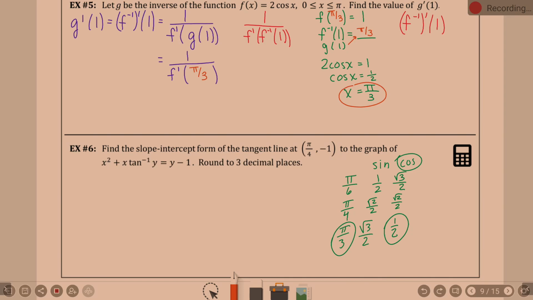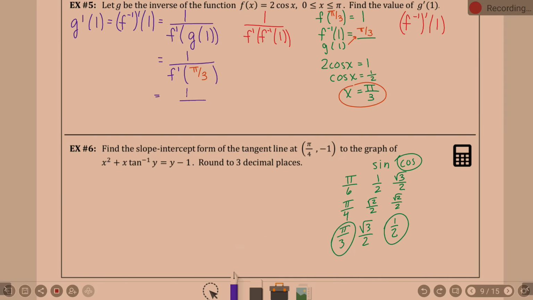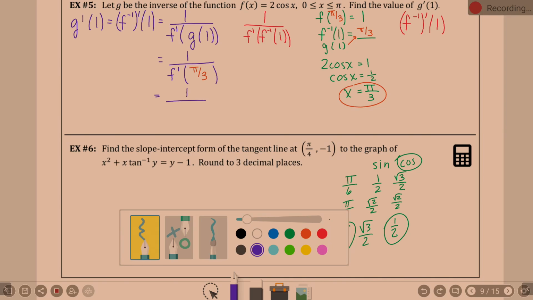So now it's 1 over f prime of pi over 3. So we've got to take the derivative of 2 cosine x and plug in pi over 3.